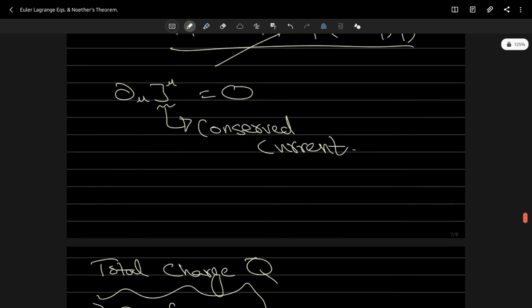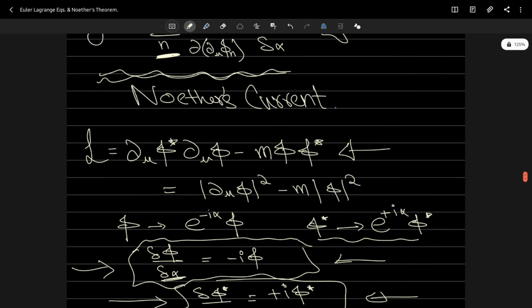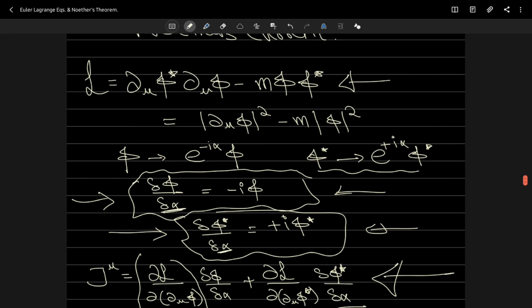If you go back over here, when we talked about an example, we had this Lagrangian. We identified what the symmetries would be, which were phi transforms to this thing and phi star transforms to this thing.